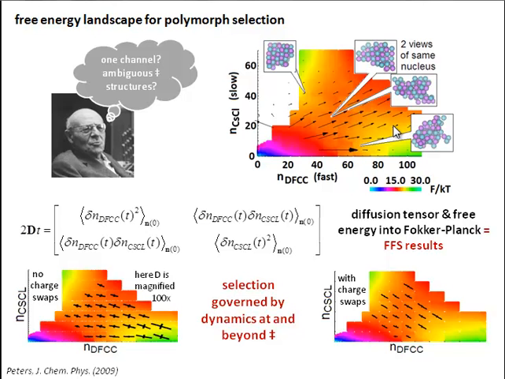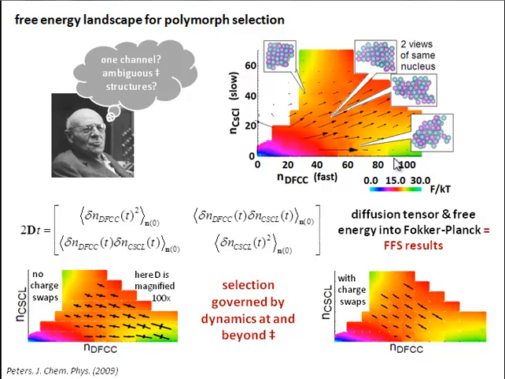And now we can build the Fokker-Planck equation, right? This is the differential equation that governs the time evolution of the probability distribution. If you start here, what's the probability sometime later I will have escaped in this direction versus that direction, right? So this is what the Fokker-Planck equation allows us to do.